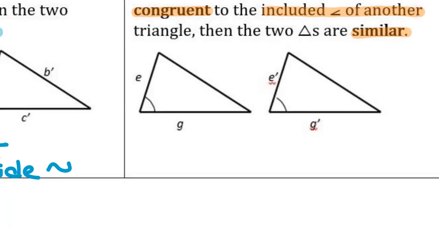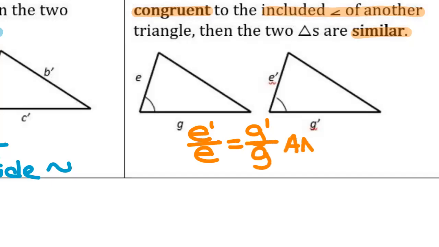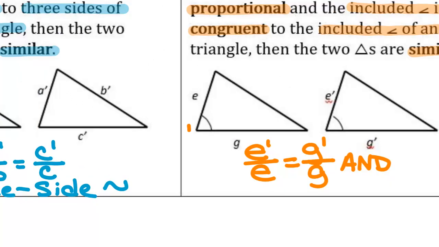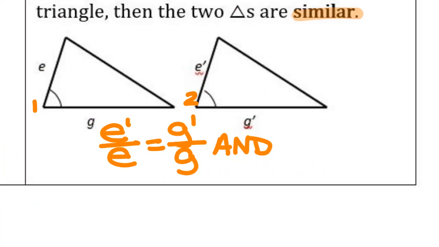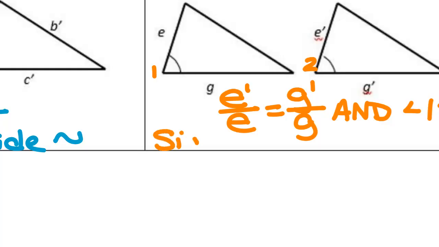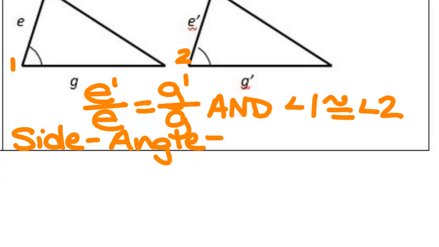So in this picture, if E prime over E is the same fraction, an equal fraction to G prime over G, and we're going to call this angle 1 and this angle 2, angle 1 is congruent to angle 2, then we have side, angle, side similarity.